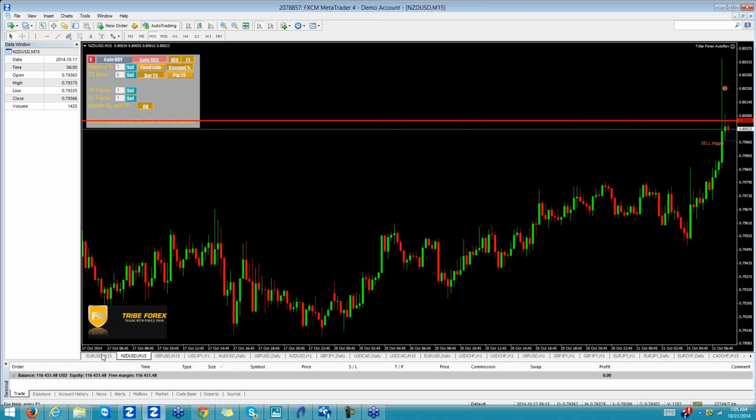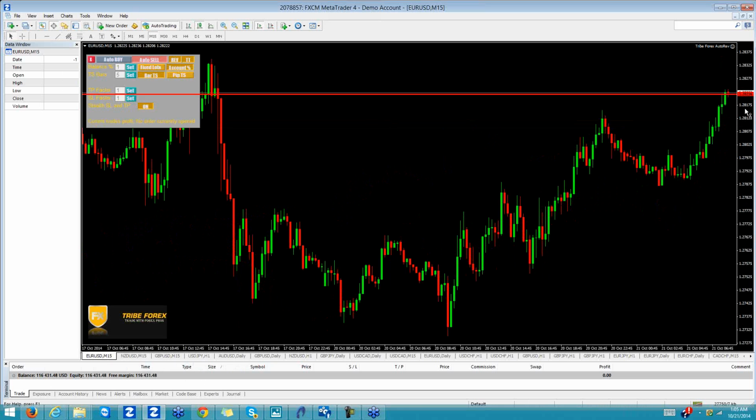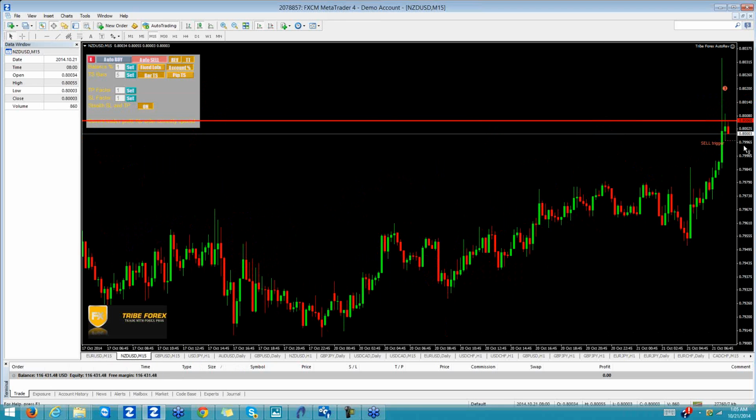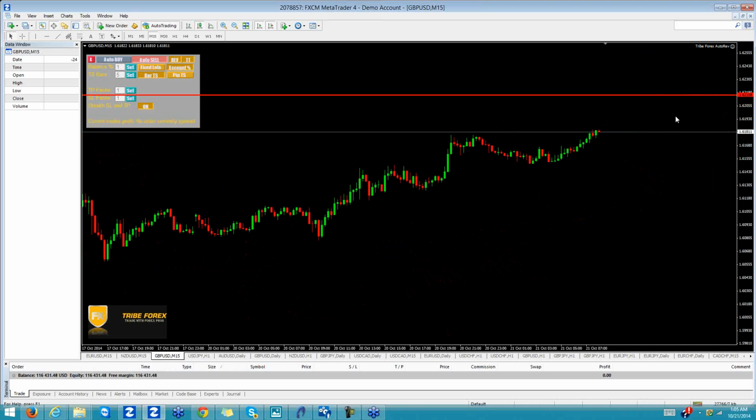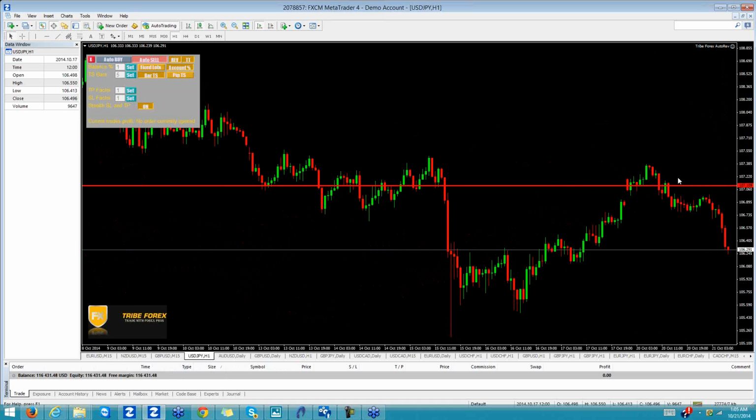So we got the euro dollar, which is right in the zone. We'll see if it triggers something for us. The New Zealand dollar, which is looking for a sell trigger right now. The pound dollar, which is not even close to the entry, which is at 1.6215. And the dollar yen, which is also very far away from our entry.